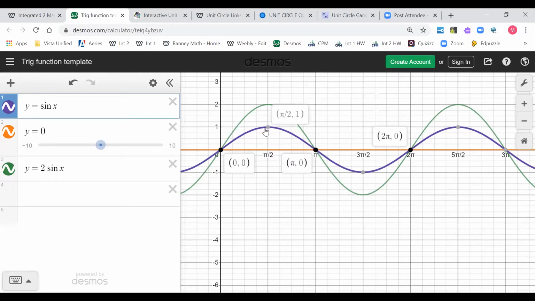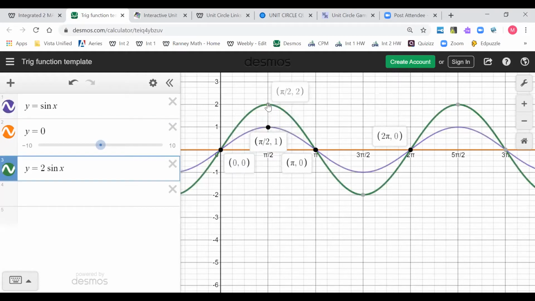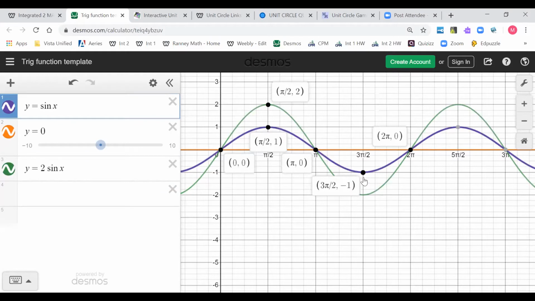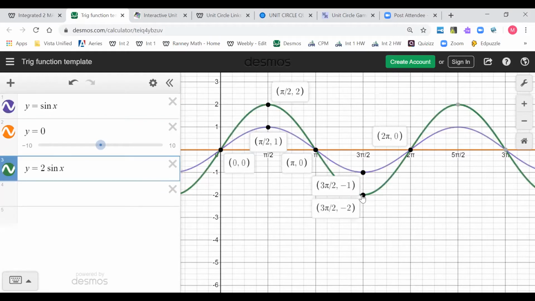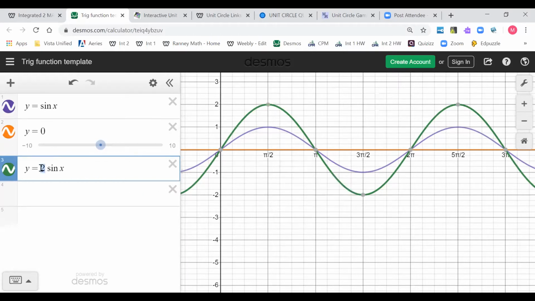What has changed is here when I was at pi halves, comma 1, now I'm at pi halves, comma 2. It's twice as high. Here when I was at 3 pi halves, I was at -1. Down here at 3 pi halves, I'm at -2. So this 2 in front here, this is your amplitude. That's making it twice as tall above the center and twice below the center. Okay, so let's try that one.